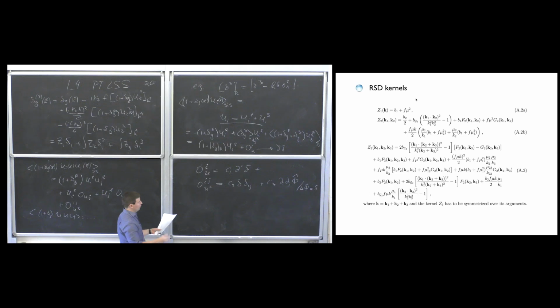So these are the only terms that you can write down that are based on symmetries. And now you can compute the renormalization of these local operators that appear in this expression. So compute renormalized products.